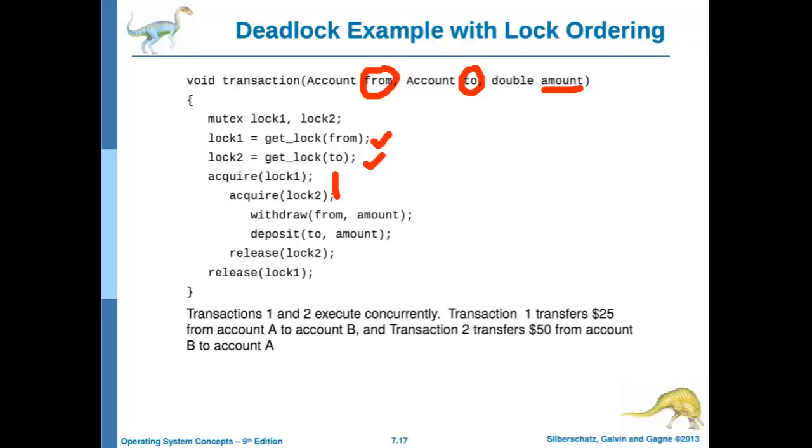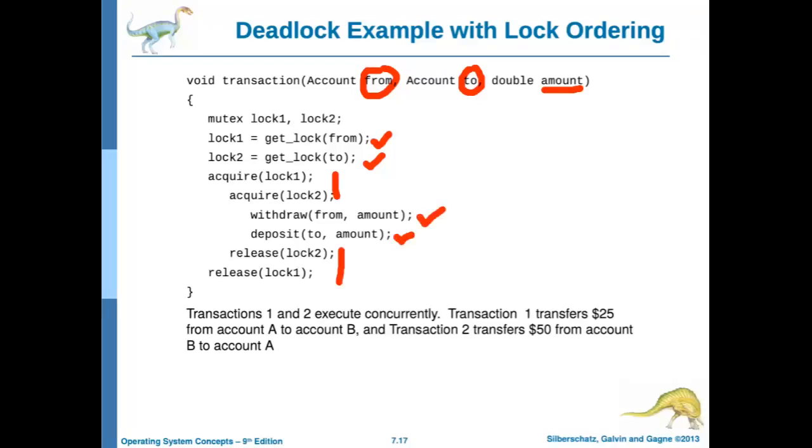So first of all, we need to lock the balance of A, also lock the balance of B, so that no changes will happen simultaneously. So I acquired both the locks, for from and for 2. Now this is withdraw and this is deposit, and once both are done, you simply release both the locks.